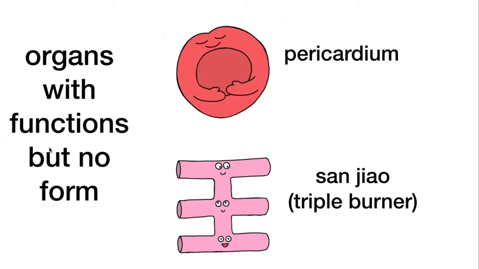Hence the triple, hence the number 3. And they are the paired organs. This is the yin, solid organ. This is the yang organ. And they both belong to the fire element.